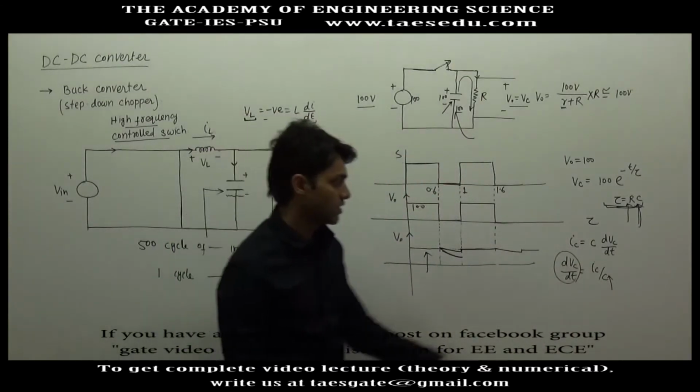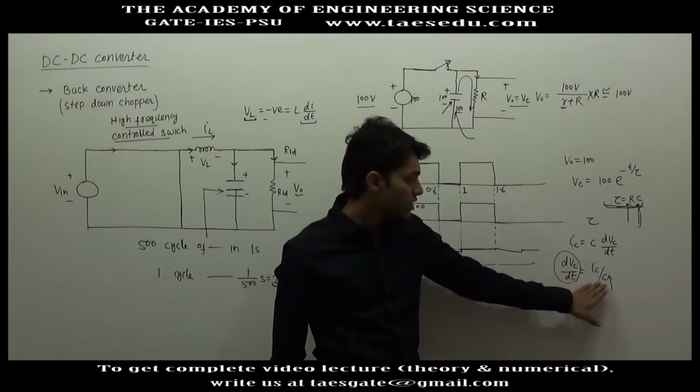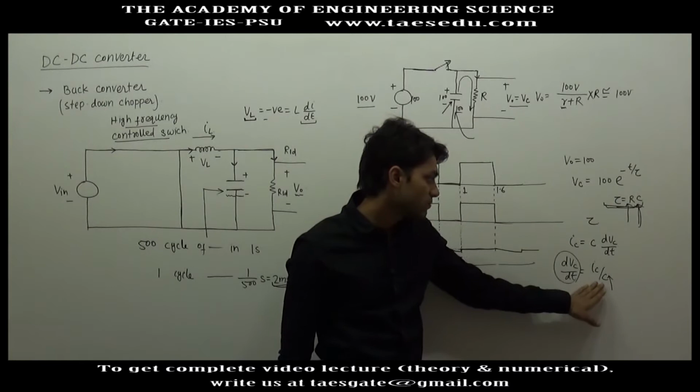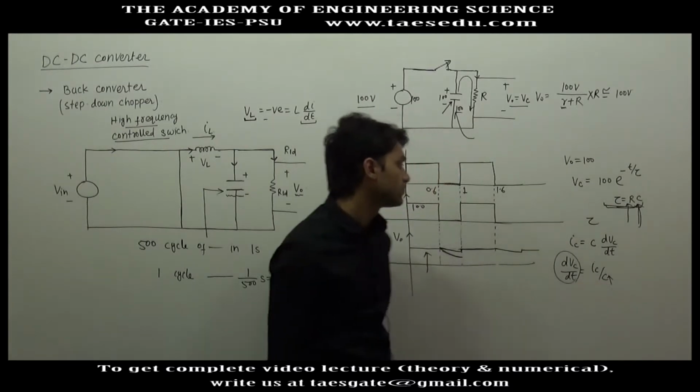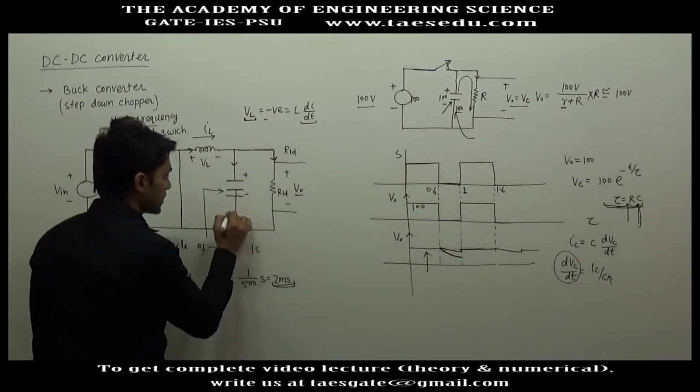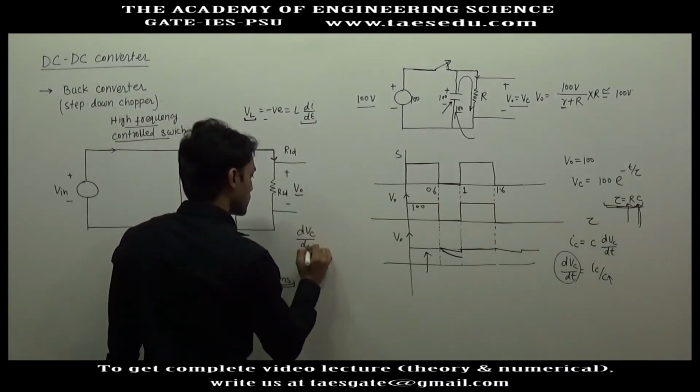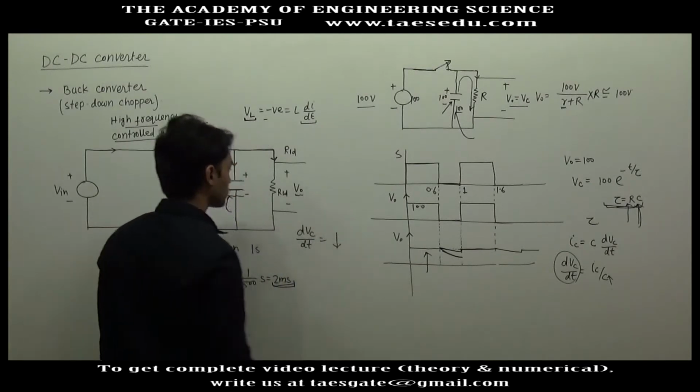Okay. For a given value of capacitor current, if you increase the value of capacitance, the rate of change of capacitor voltage will be lowered. So if you connect a large capacitor here, the rate of change of capacitor voltage will be less.